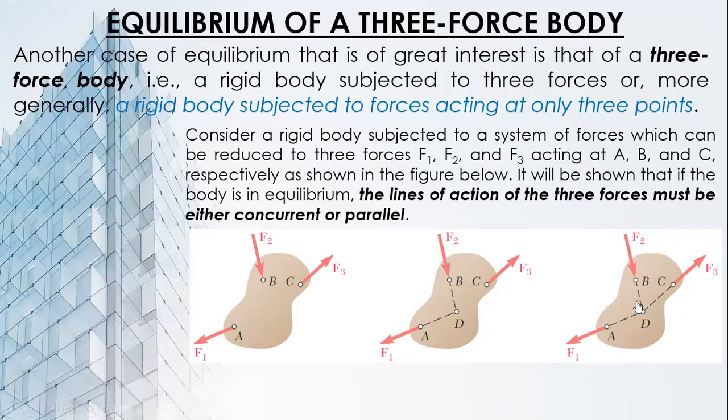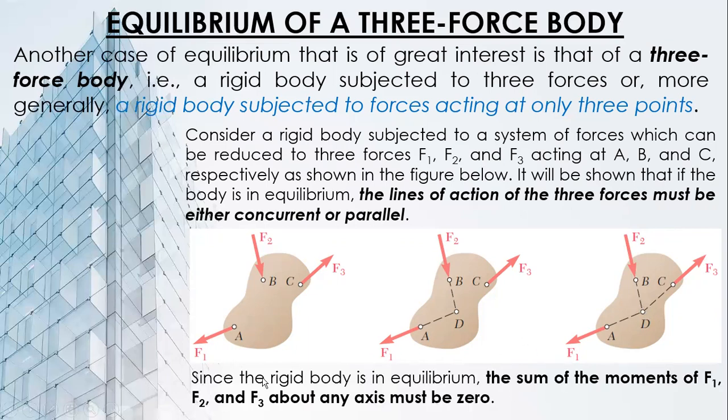Okay. It is the same as the equilibrium of a particle, a concurrent system. Since the rigid body is in equilibrium, the sum of the moments of F1, F2, and F3 about any axis must be 0.